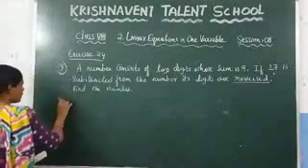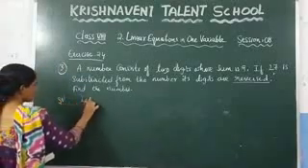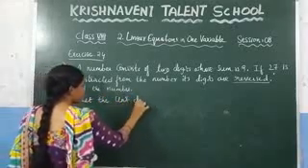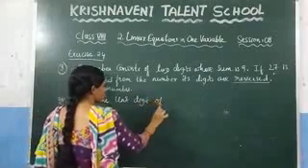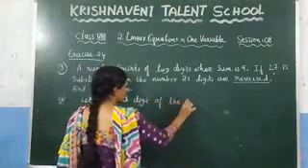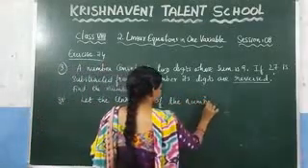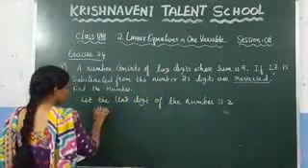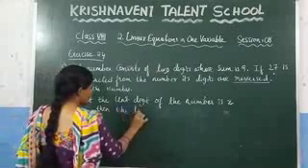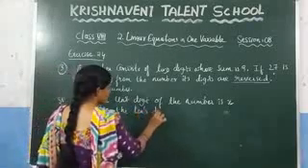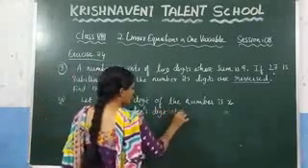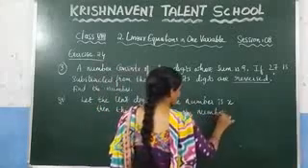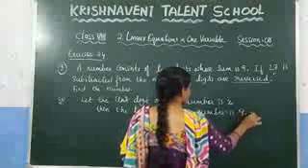Now write the solution here. Let the unit digit of the number be x, then the tens digit of the number is 9 minus x.